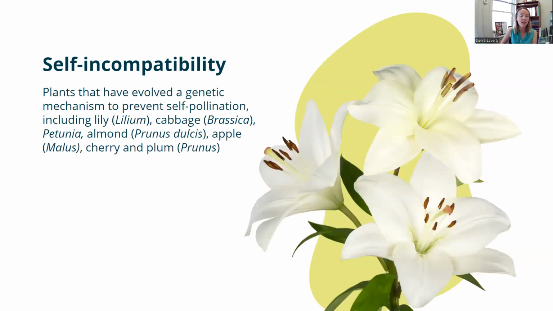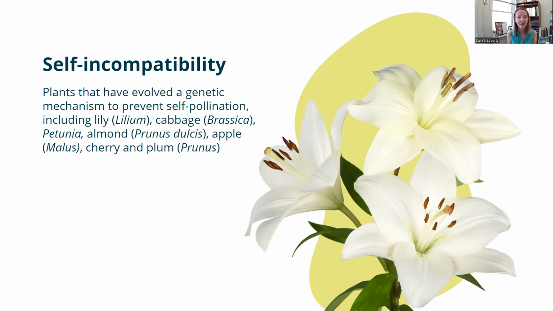On the extreme other end of things, there are actually plants that can't do that at all. If their own pollen lands on their stigma, they don't make a seed. That pollen doesn't germinate and go down the pollen tube and down into the ovule. Something in the system goes, nope, not gonna happen for me.